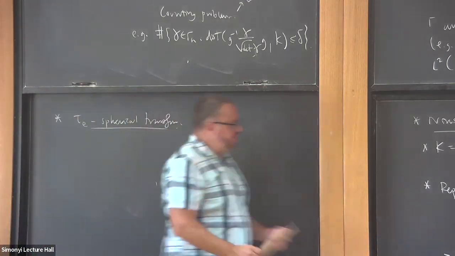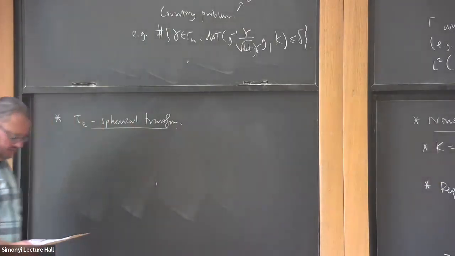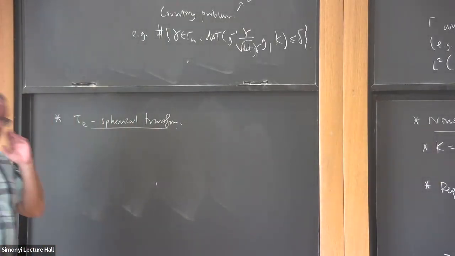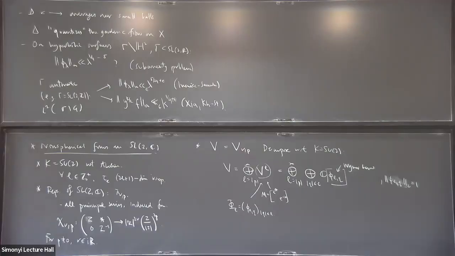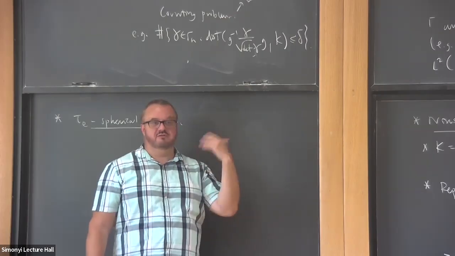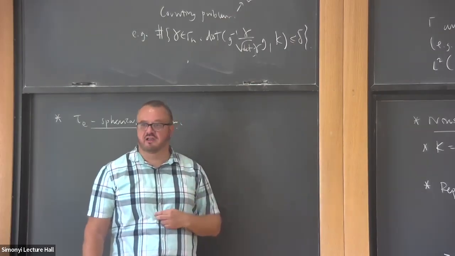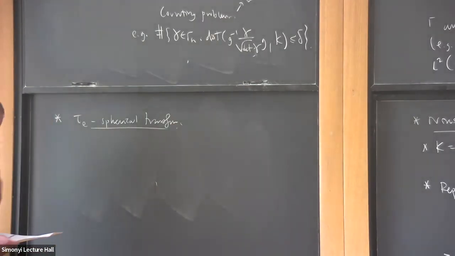And tau L is this K-type that you're trying to pick out. Okay. So just to be clear, for L equal to 0, so if you were in the spherical case, the transform that I'm about to talk about is the classical Selberg-Harish-Chandra transform. And for those of us in analytic number theory, it is the transform we know and love. We could write it down, and it's very well understood.